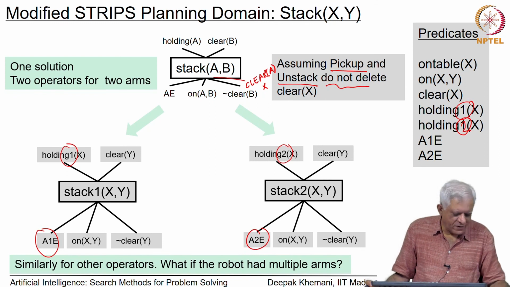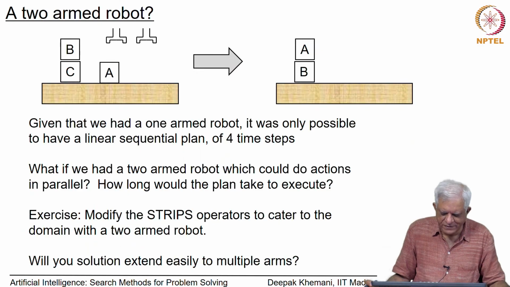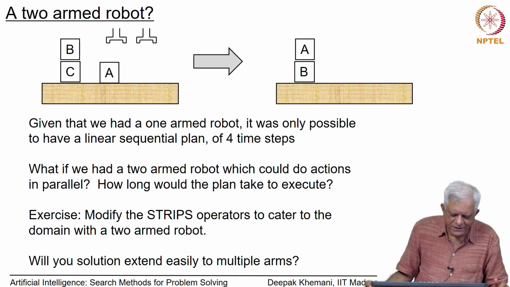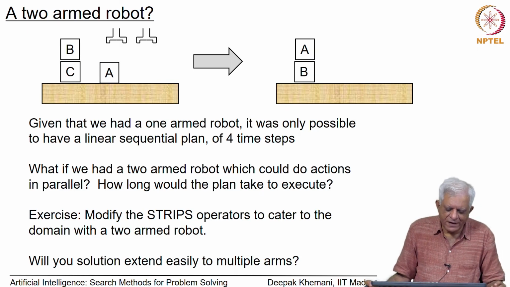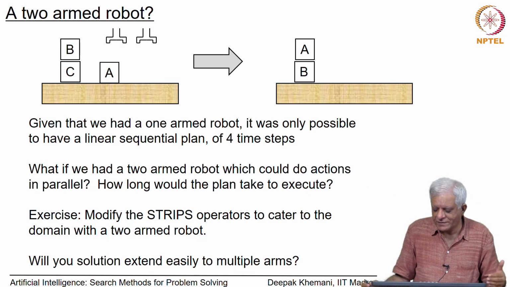So, if you wanted to do that sort of a thing, where you could do things in parallel, let me take you back to the example that we started with. Supposing in the first time step arm 1 unstacks B from C and arm 2 unstacks or picks up A from the table. Then is it possible for the two arms to in one time step achieve this goal of saying that B is been put down, but at the same time A is been stacked onto B?